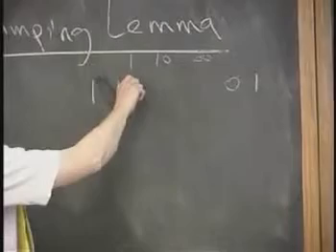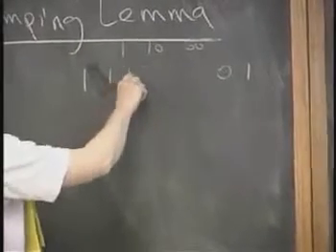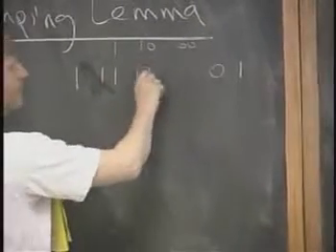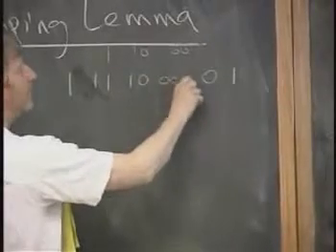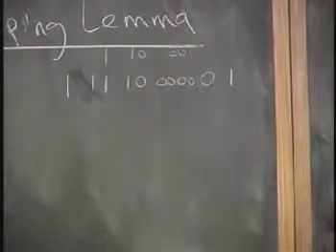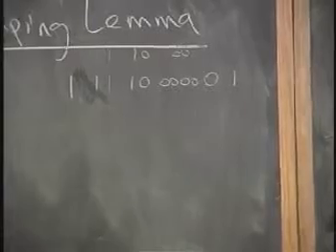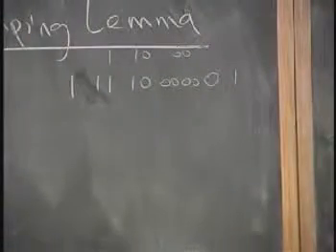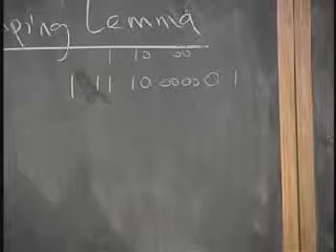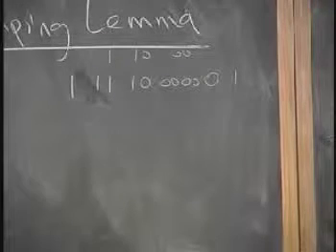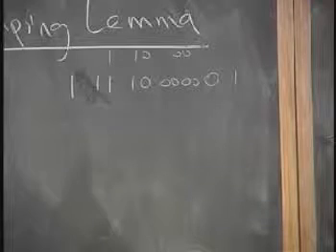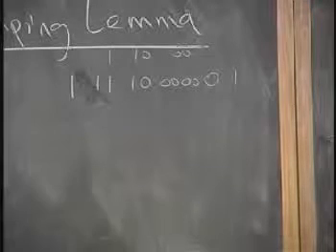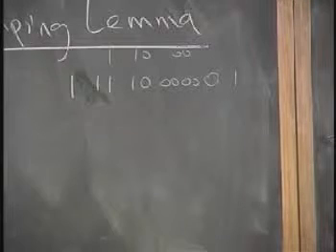Say it out loud. Did I do it right? Let's read it off. I'll read off the whole string. 1, 1, 1, 1, 0, 0, 0, 0, 0, 0, 1.